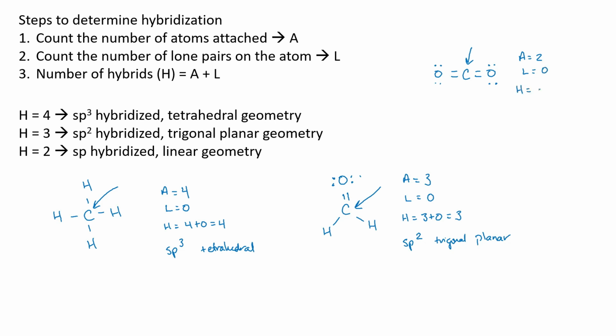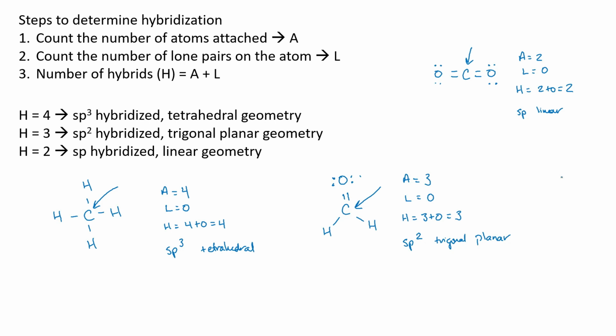So my value of H is 2 plus 0, which equals 2. This is sp hybridized, which is a linear geometry. Knowing our geometry and how molecules are put together is going to help us predict reactivity of molecules because we know where those electrons are.